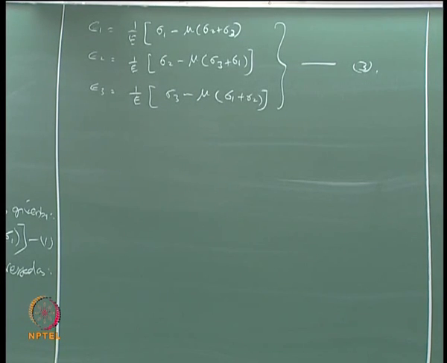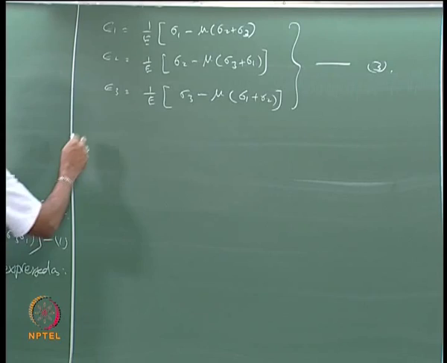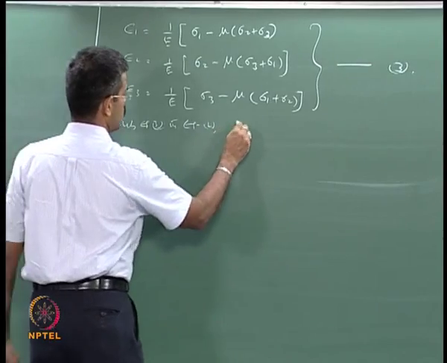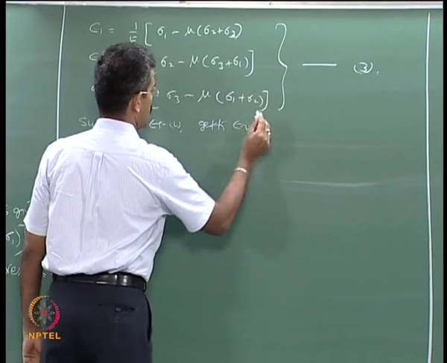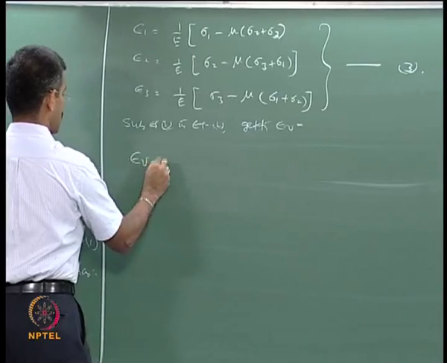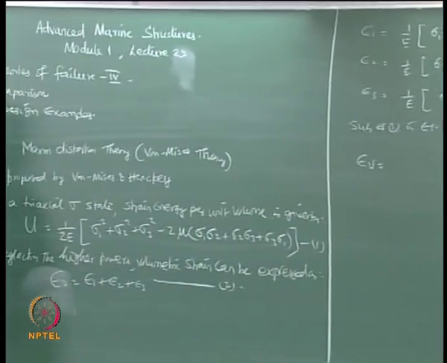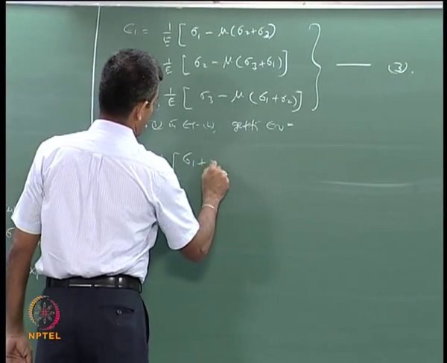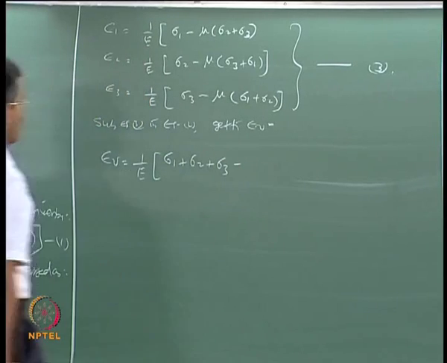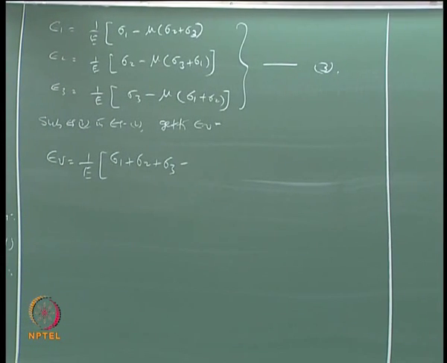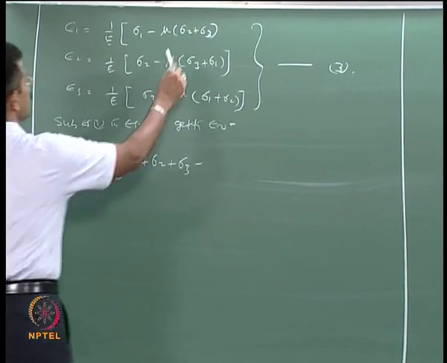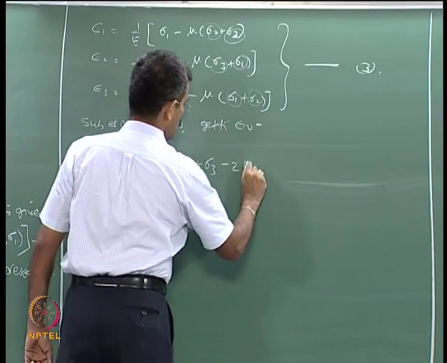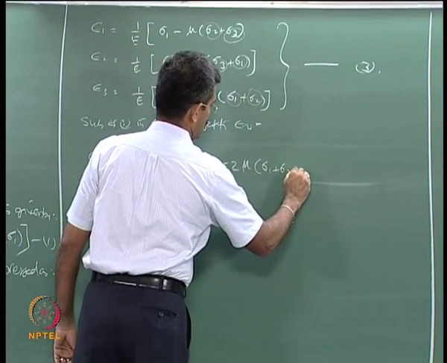I can substitute 3 into 2 and get epsilon v. So substituting equation 3 in equation 2, getting the volumetric strain, simply substitute and summarize. I can write it like this: 1 by E of sigma 1 plus sigma 2 plus sigma 3 minus 2 mu of sigma 1 sigma 2 plus sigma 2 sigma 3 plus sigma 3 sigma 1, because each one of them has 2 products. You can see here sigma 1 is twice, sigma 2 is twice and sigma 3 is twice.